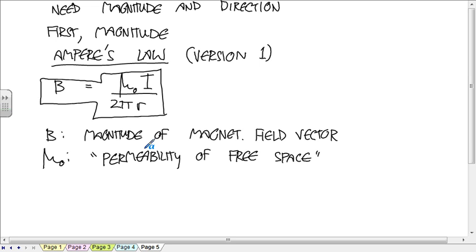If there was a magnetic material like iron, if you were trying to calculate the magnetic field vector between an electric current and a point where it was filled with iron in between, iron has a much higher permeability.